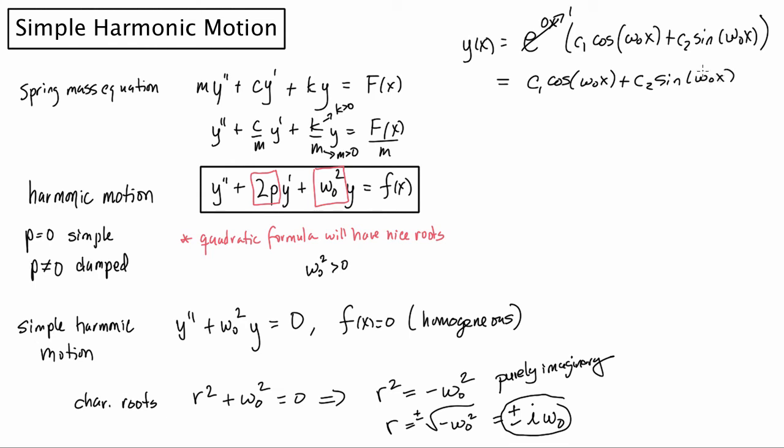So let me talk about the names for some of these things. p is the damping constant, and the more important term for us is omega naught, the natural frequency. Why is it called the natural frequency?